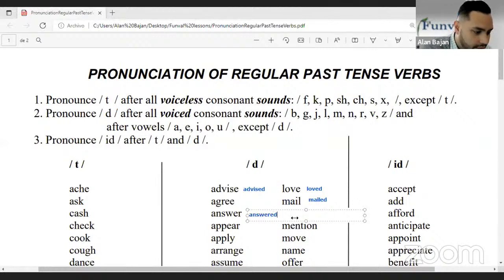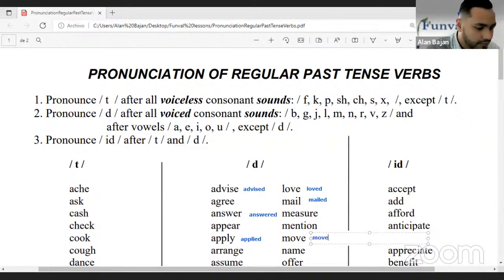And it's true. In past tense, when we have a verb like this, we change the Y and we add an I and ED.